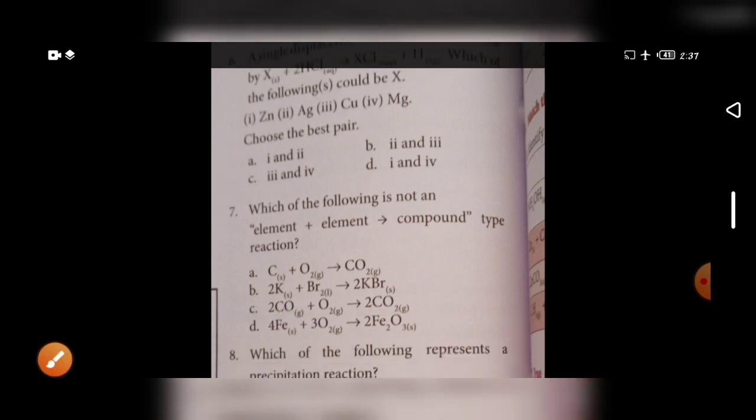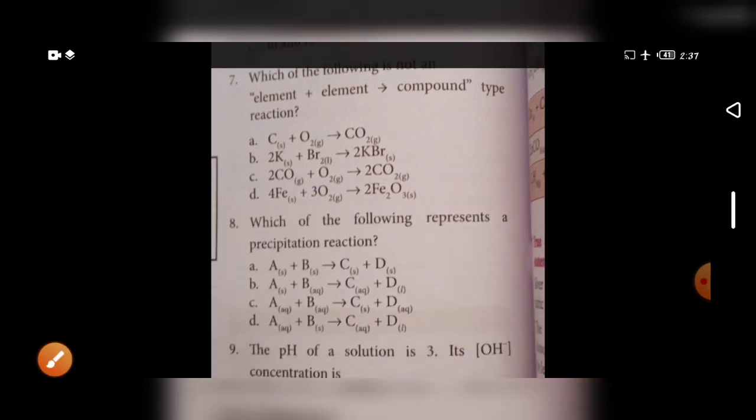Okay, next we go to 8th question. Which of the following represents the precipitation reaction? Aqueous plus aqueous gives solid plus aqueous, that is the correct pattern for precipitation. Here A is solid, B is solid, C is solid and D also, so that is not a correct option. In the second option, A is solid, B is aqueous, and C and D are aqueous and liquid, so that is also not a precipitation reaction.